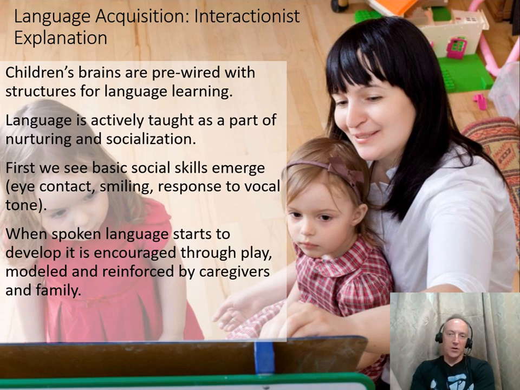If no one ever talks to you, reads to you, you never see a TV, you're not just automatically going to learn language. And also, all that pragmatic stuff, all that social rules of language, you're never going to learn unless somebody interacts with you and it becomes part of your socialization. So the interactionist approach says both are really important.